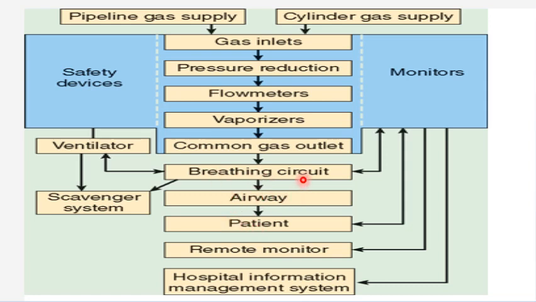Breathing circuits are connected with the ventilator, scavenging system, and safety devices, also connected to monitors. All of these parts of the anesthesia machine, the anesthesia tower or anesthesia workstation, are integrated to anesthetize our patient safely.